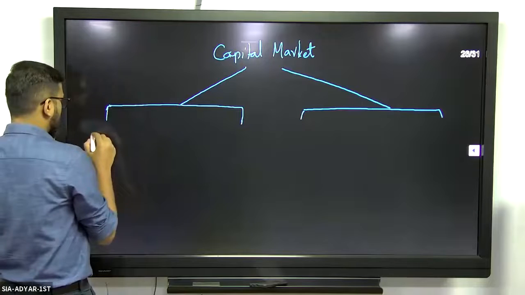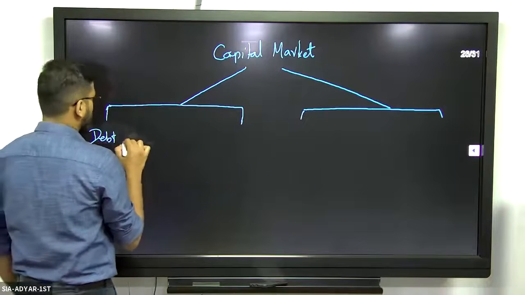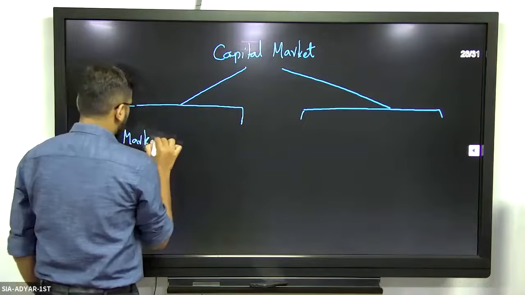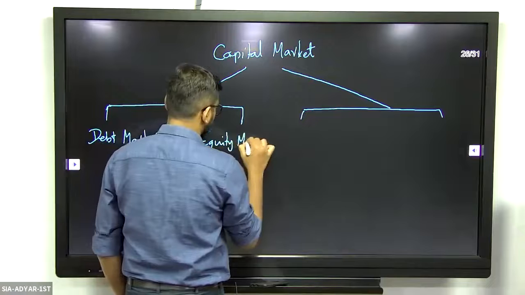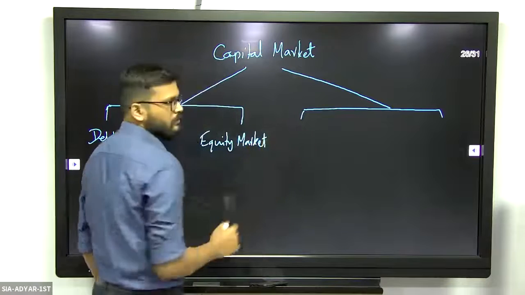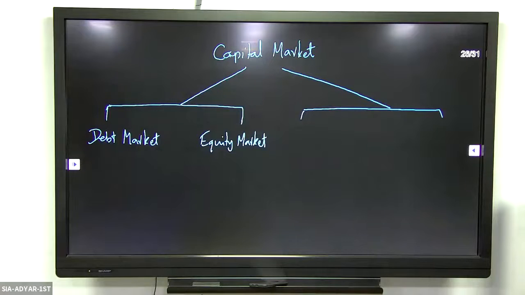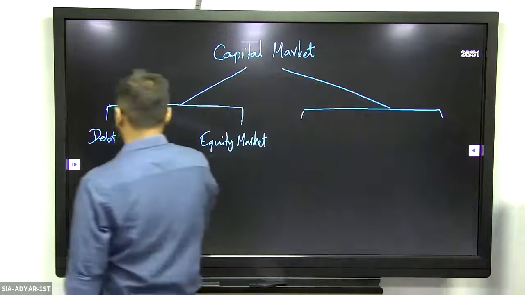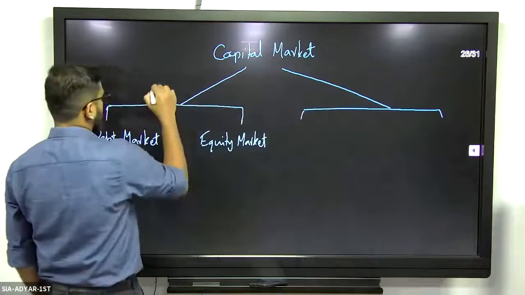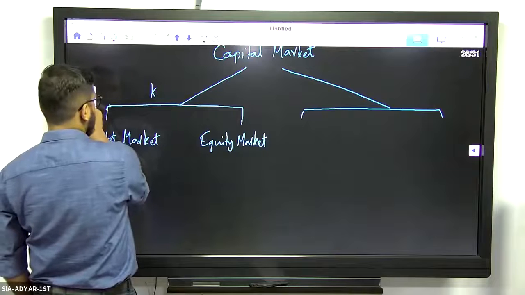It can be classified as a debt market or as an equity market. It could be classified as a debt market and as an equity market. So this is based on the kind of security or the ownership or the position that it gives you, based on the type of security.